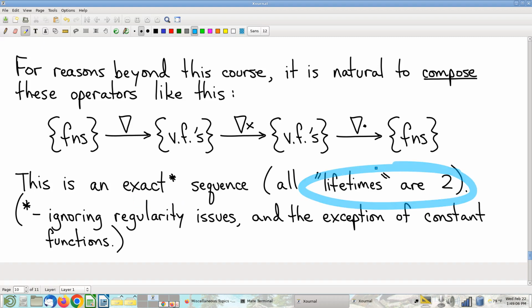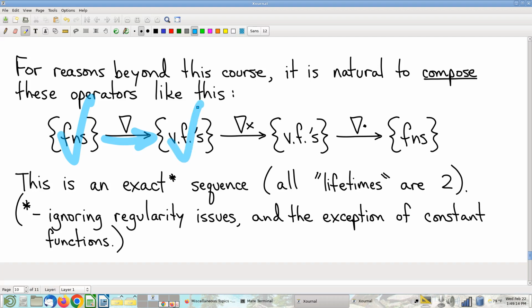Here's an example of a lifetime. If I have a function to which I apply the gradient, which of course then gives me a vector field, and then I could talk about taking the curl of that, and let's suppose, hypothetically, that I got 0. Let's just say. A plausible story, one could imagine.